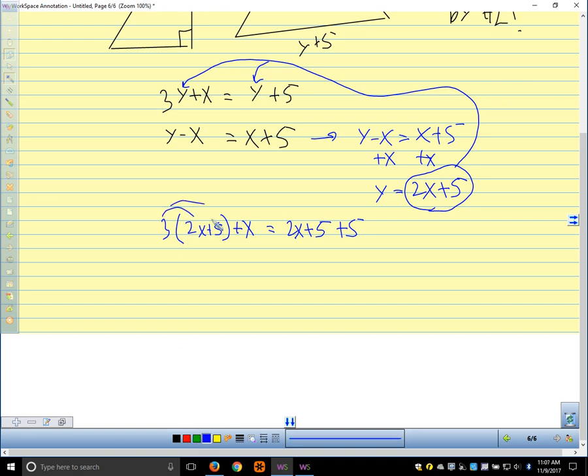So we'll distribute. First, I get 6x plus 15 plus x equals 2x plus 5 plus 5, which is 10.